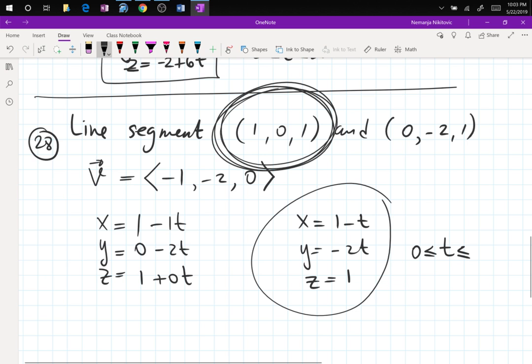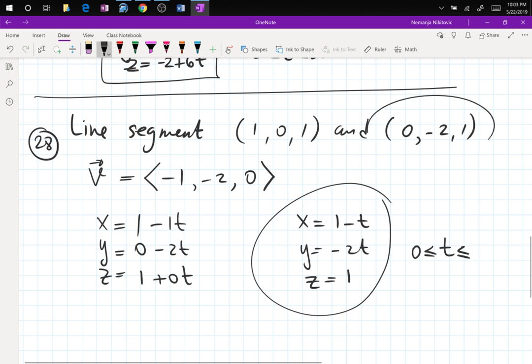Because when t is equal to 0, 1 minus 0 is 1. Negative 2 times 0 is 0. And then the z coordinate is always 1. So we're good there. Now, the next one: for what value of t am I going to get the second point? 1. Good. Because 1 minus 1 is 0. Negative 2 times 1 is negative 2, and 1 is equal to 1.